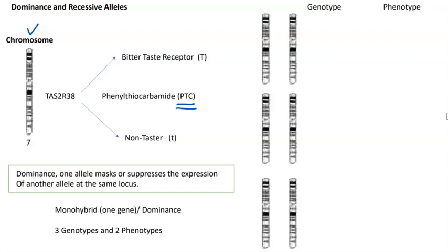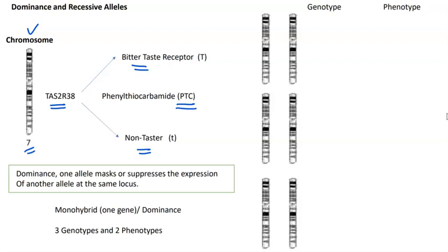There essentially are two versions, the two alleles for this gene, TAS2R38, apparently on chromosome 7. There's two alleles, one which allows you to perceive a bitter taste, and the other allele gives no taste.